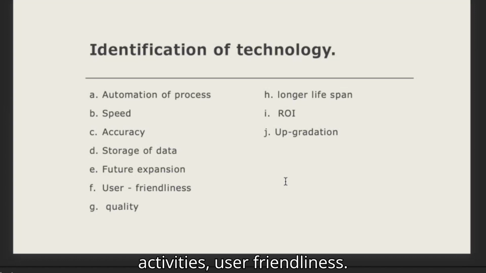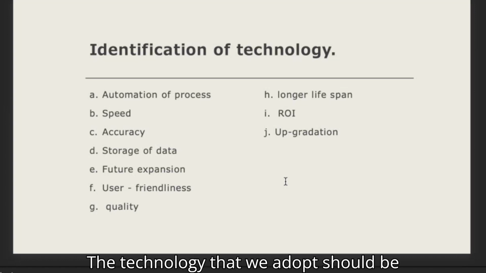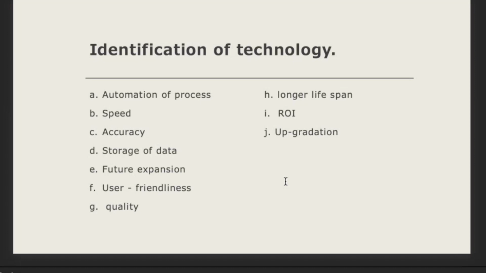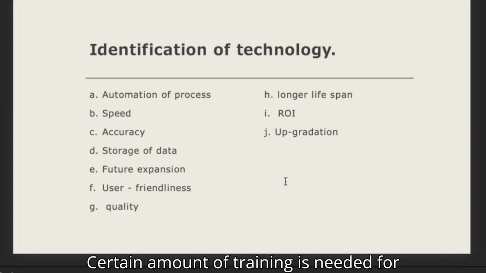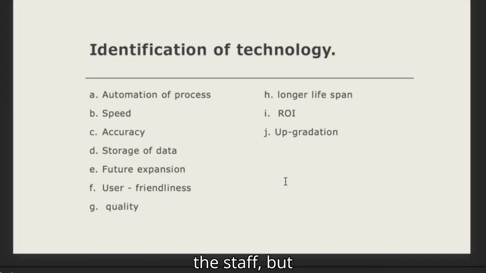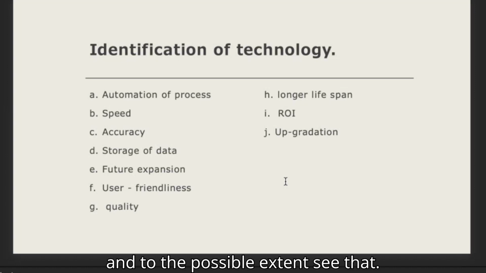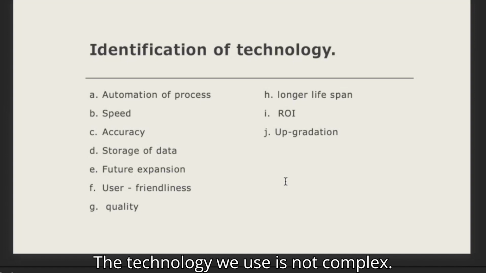User friendliness. The technology that we adopt should be user friendly for the people to operate. A certain amount of training is needed for the staff, but they should understand it in a simple way and, to the possible extent, see that the technology we use is not complex.